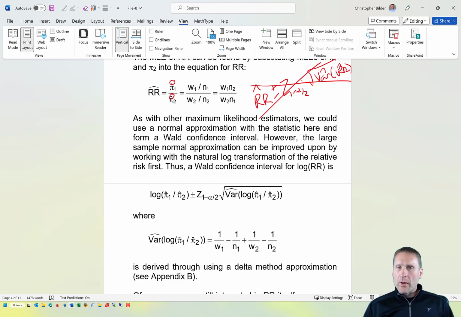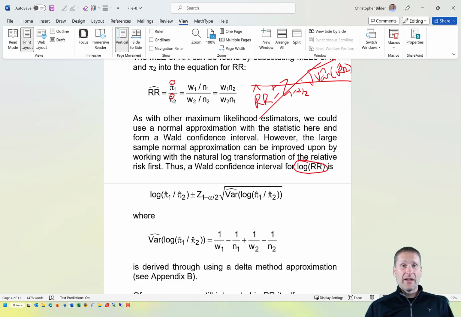Now, instead, what we will do is still do a Wald confidence interval. But we're going to actually find a Wald confidence interval first for the natural log of RR. Depending upon other statistics courses that you've had, you may have seen instances where if you do a small mathematical transformation of a statistic of interest, this transformed statistic tends to have better qualities that make a probability distribution approximation work better.